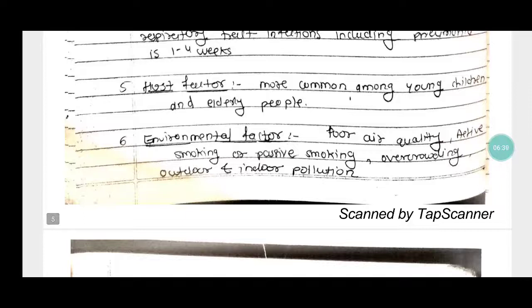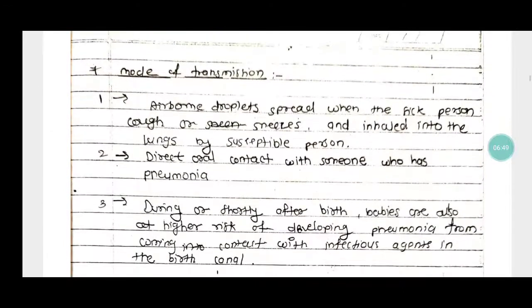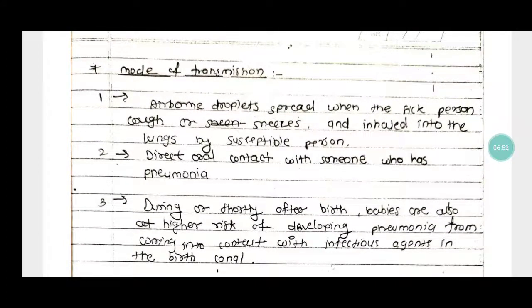Environmental factors include poor air quality, active or passive smoking, overcrowding, and outdoor and indoor pollution. The mode of transmission for acute respiratory infection is airborne droplets, spread through a sick person's cough or sneeze, which is inhaled into the lungs by a susceptible person.